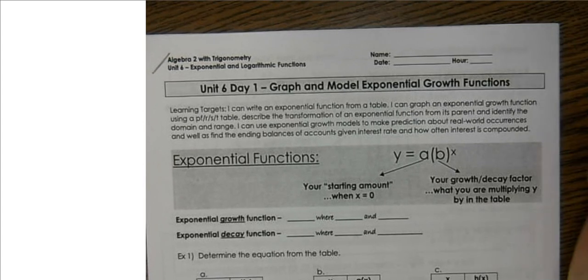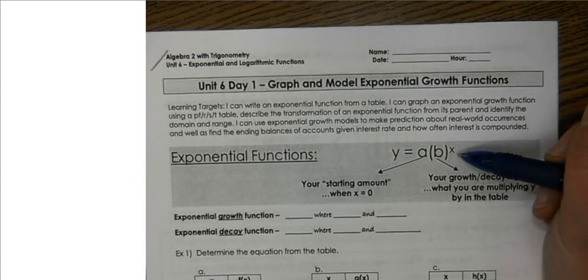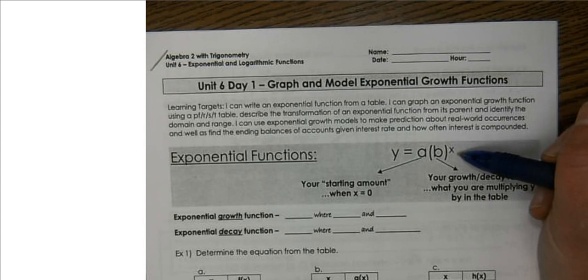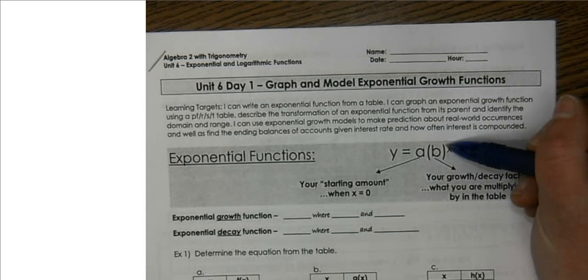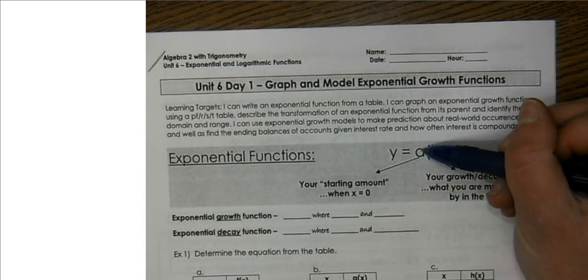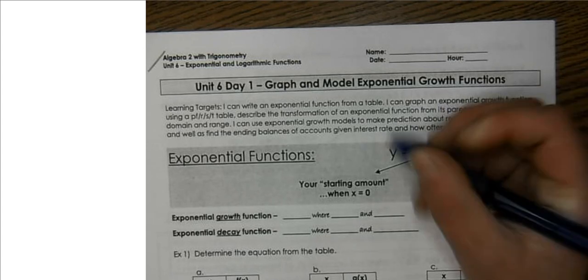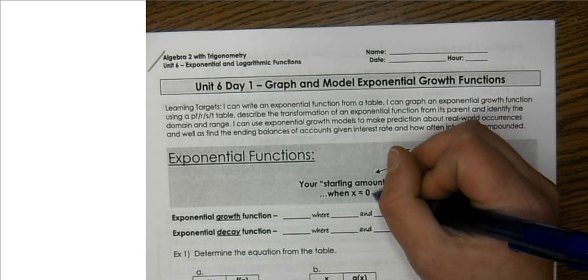First of all, this is the most basic form of an exponential function. Y is equal to A times B raised to the x power. You're going to see that your exponent is going to be the x. The A value, this is your starting amount whenever x is equal to 0.